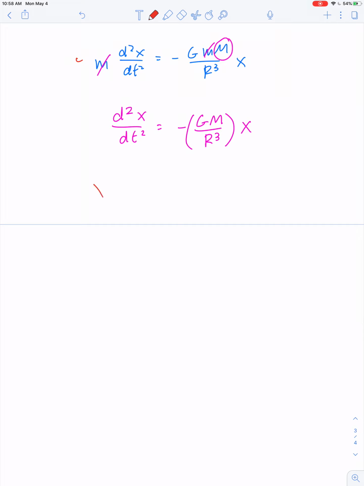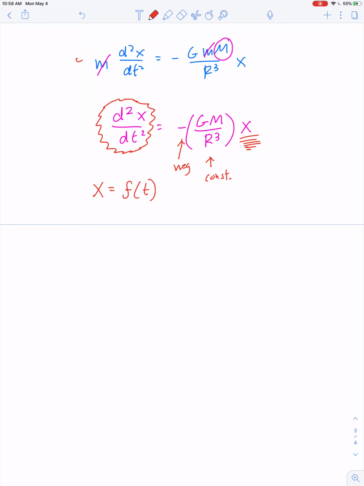Are there any functions that describe position where if I take not just the first derivative, but the second derivative, I get a negative constant multiplied by the very function I'm taking the second derivative of?